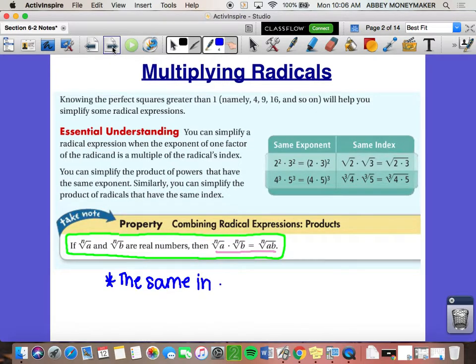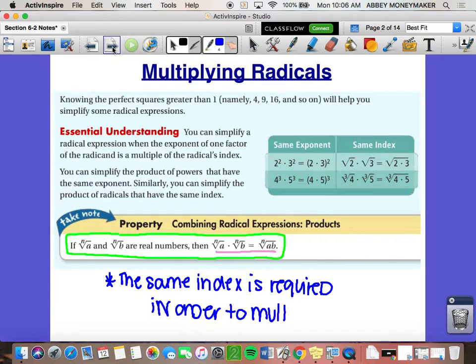So we're going to say the same index is required in order to multiply.